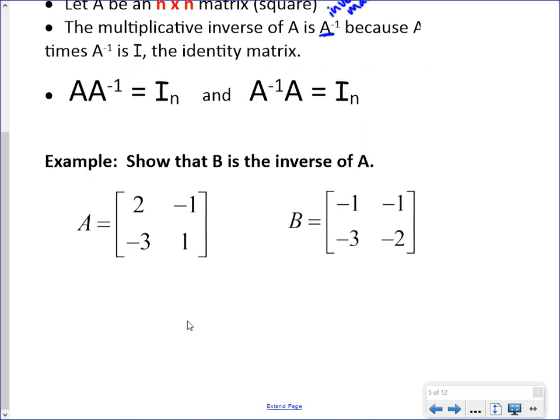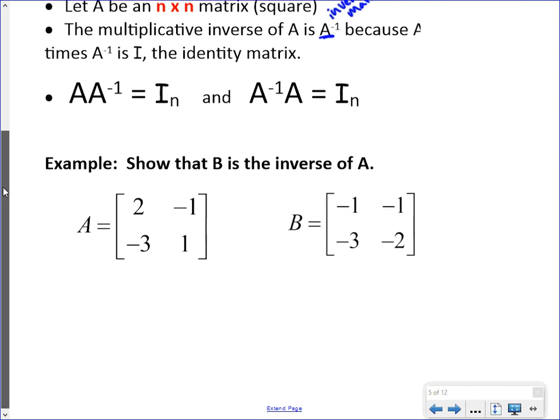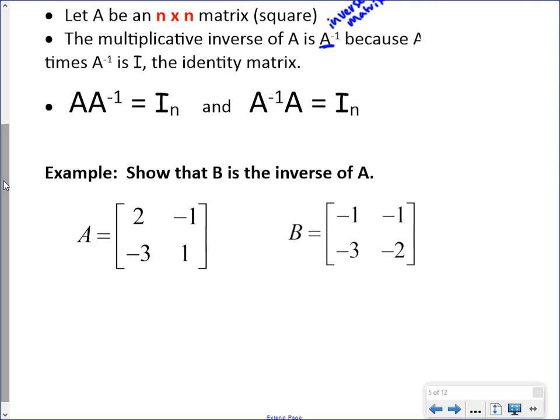You'll have some questions on your homework tonight that ask you to show that two matrices are inverses. So to show that two matrices are inverses, you want to show that if you multiply them together, you get the identity matrix.